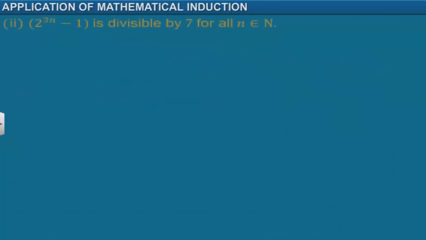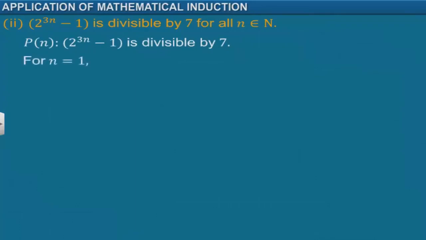The second statement is 2 raised to the power 3n minus 1 is divisible by 7. We have to prove that the expression is divisible by 7 for all natural numbers n. Let this statement be P of n. First, consider the value of n as 1.